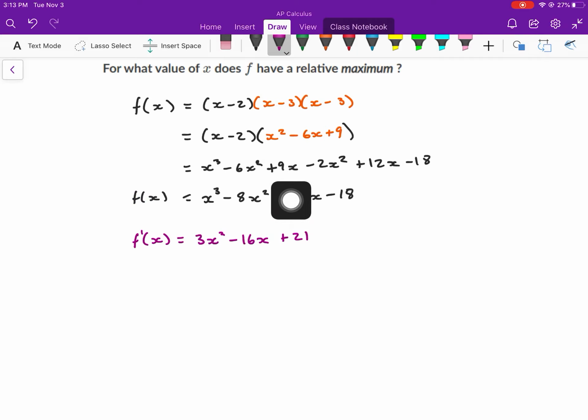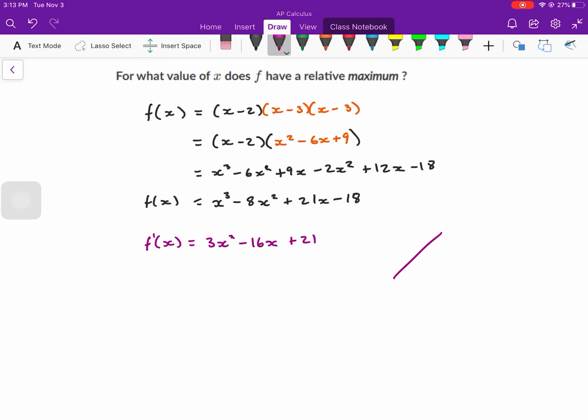Just want to double check my work though real quick for that x term there. So x cubed minus 6x squared plus 9x minus 2x squared. All right, it seems correct. So let's go ahead and factor it now. 3 times 21 is 63.